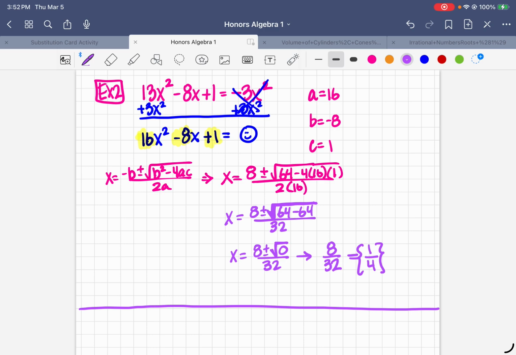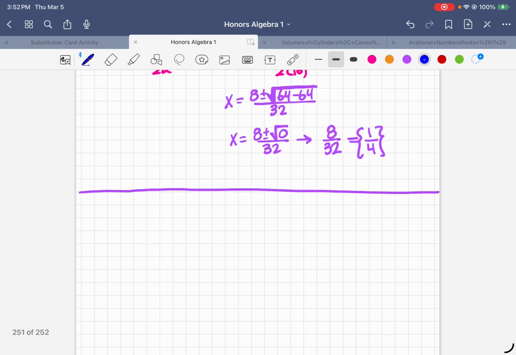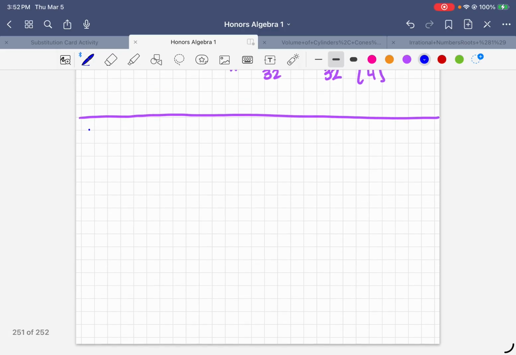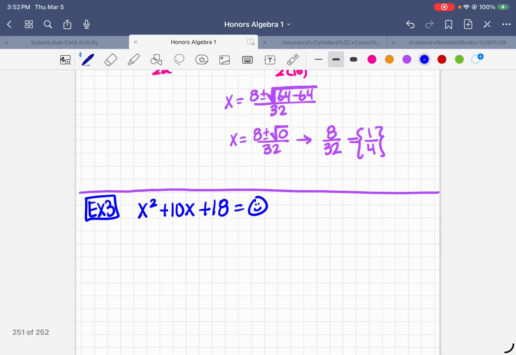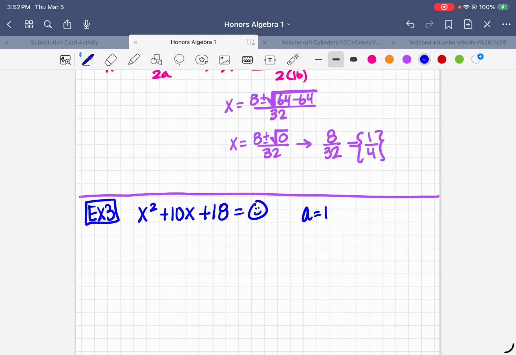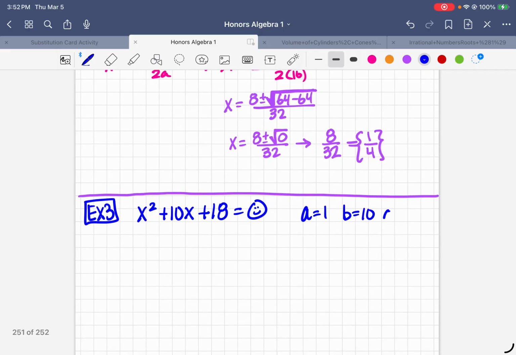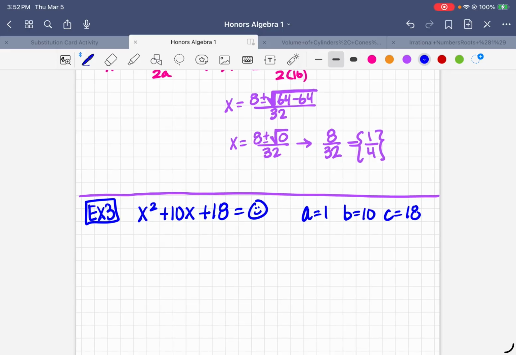But that's not always going to happen. So what happens when I have a problem like this one? It's x squared plus 10x plus 18 equals 0. I know that a is 1, b is 10, and c is 18.